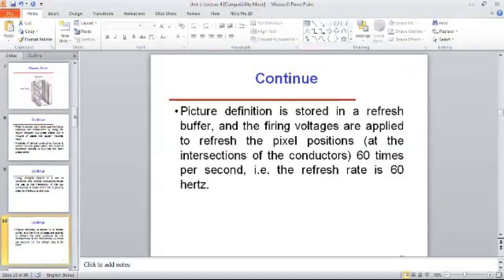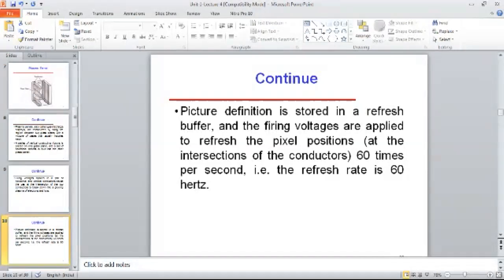Similarly, we can define the frequency. Frequency means cycles per second. How many times is it changing? In our country, we can say that the frequency of the electricity is 50 hertz, which means our bulb flickers 50 times in a second, on and off.